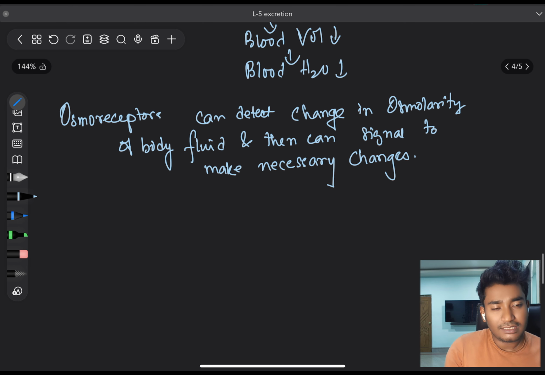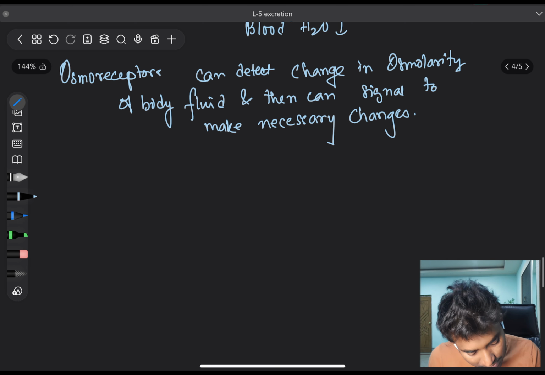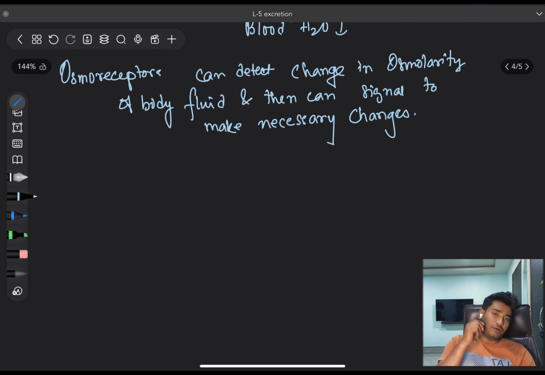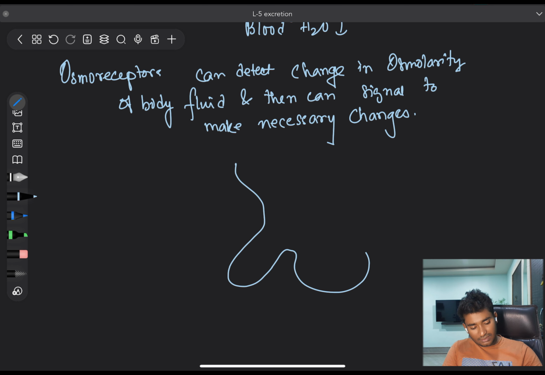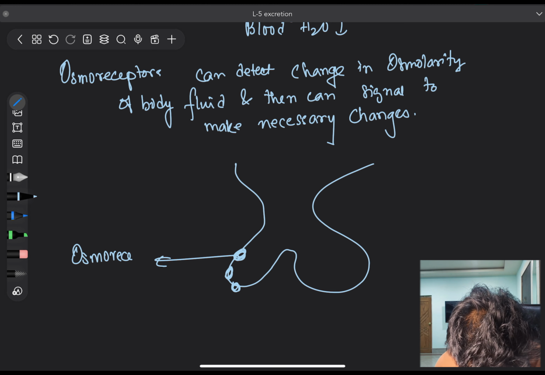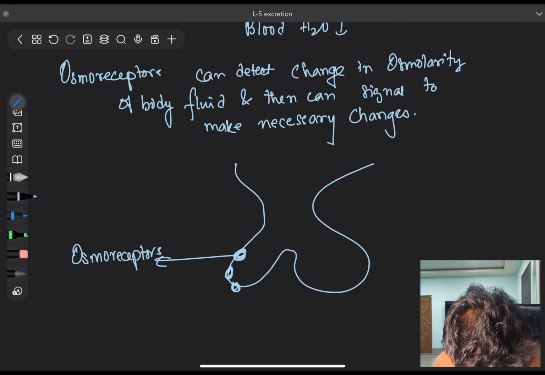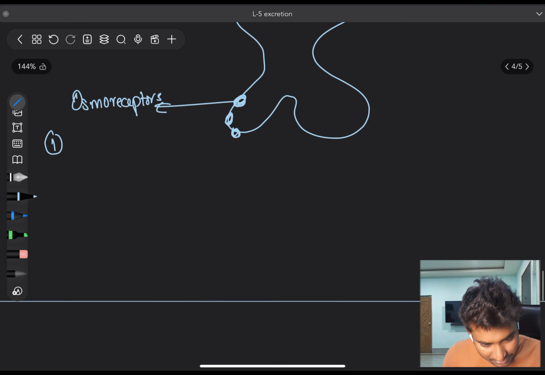Okay, come to the next part. The hypothalamus has the osmoreceptors. Let it be the hypothalamus. This contains the osmoreceptors. What happens?